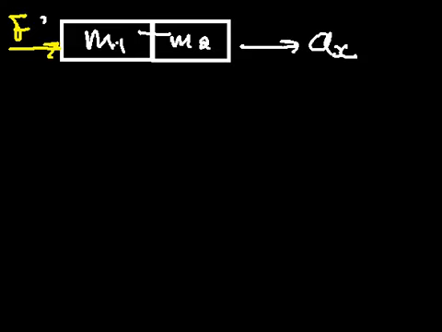Let's say the force is given as F1. Now, according to Newton's third law of motion, body 2 is going to exert a force back onto body 1, and let's say that force is F2.